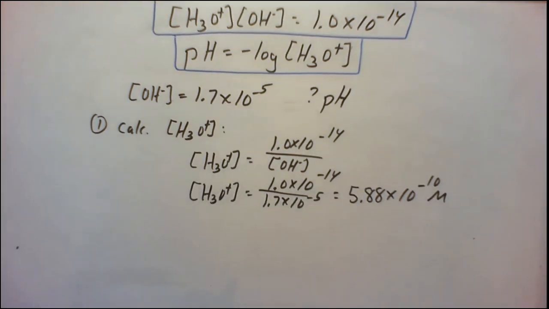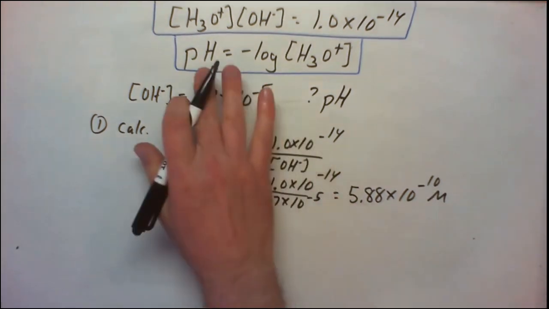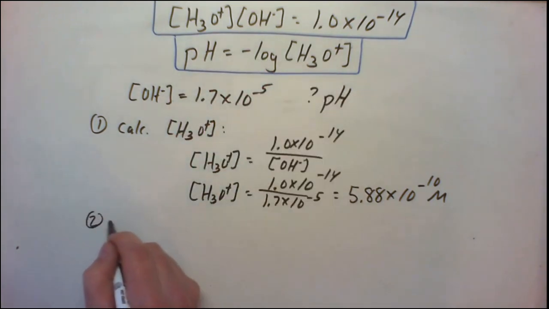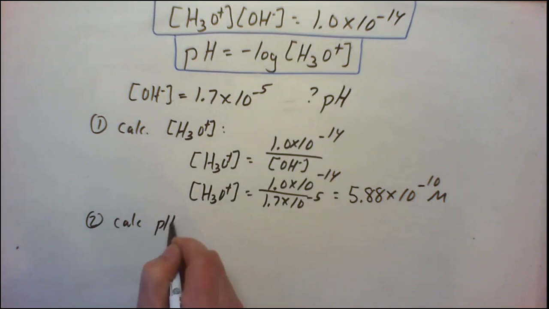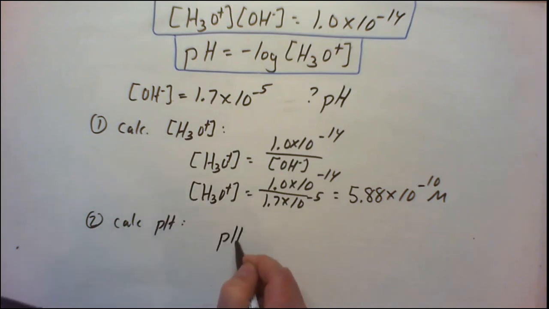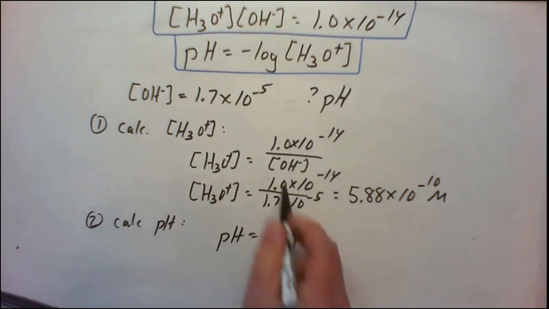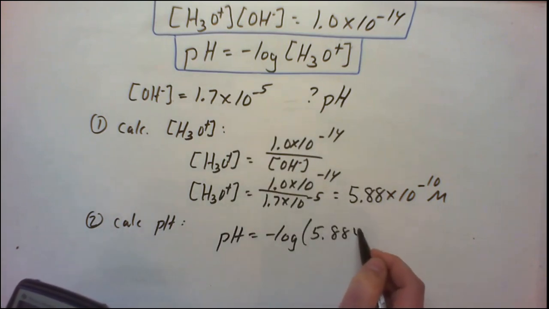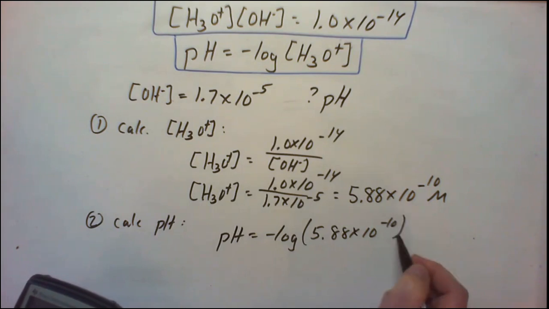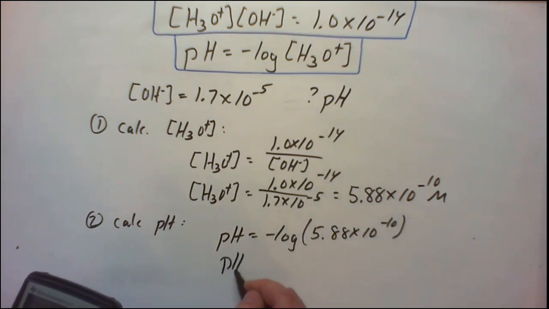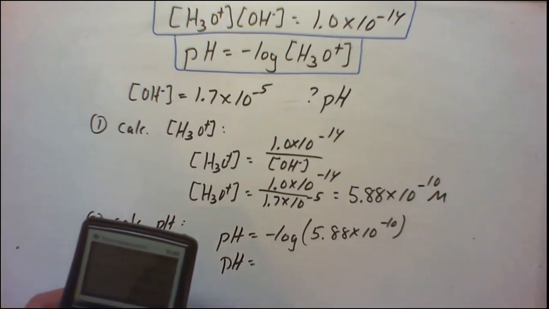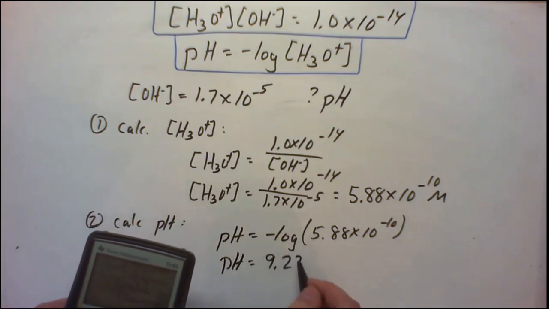That's the hydronium concentration. To find the pH, pH equals negative log of the hydronium concentration. So negative log of that number we just calculated gives a pH of about 9.23.